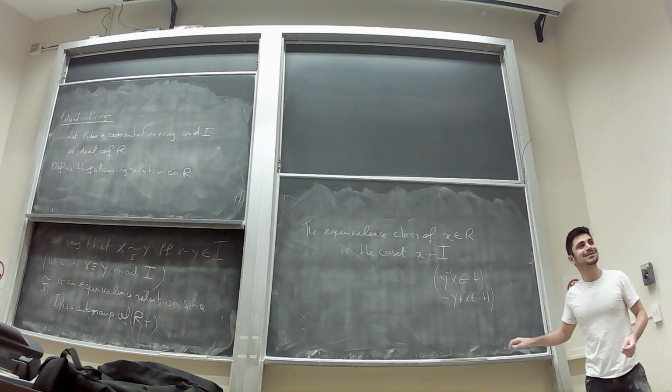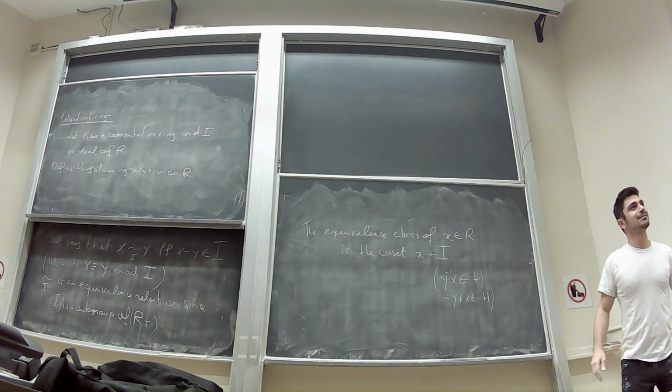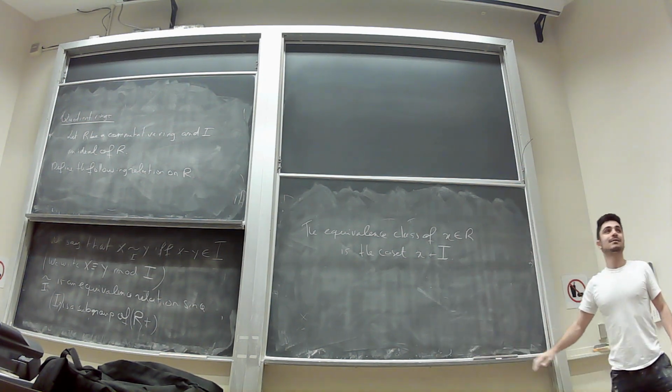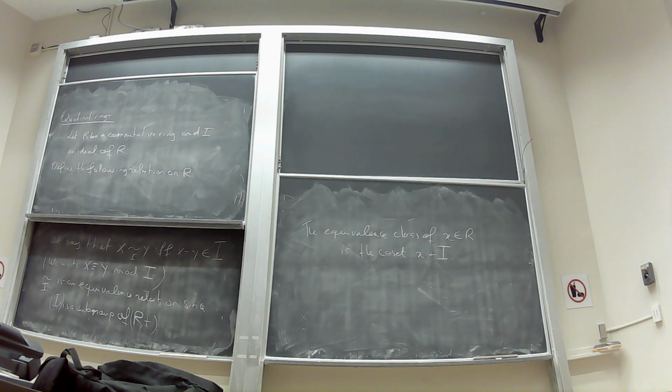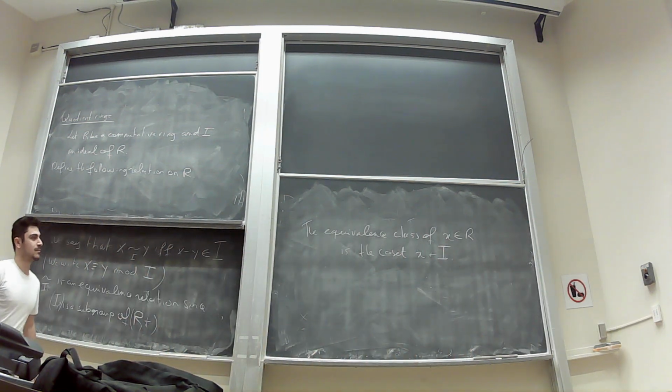That's the same equivalence that we use for the cosets. Exactly. Very good. We remember this, no? Yes or no? I mean, we're using the full power of groups now. So the equivalence class of x in R is the coset x plus I.